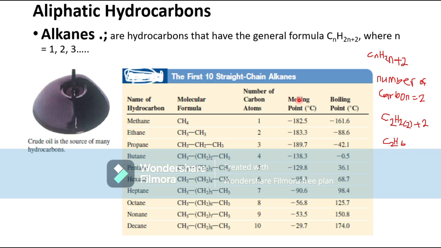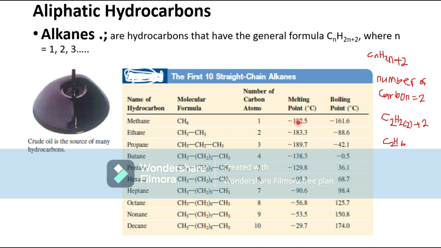The melting point and boiling point of the hydrocarbon increase down the series as the molecular weight increases. As we have more carbon atoms, or more mass, the boiling point increases.